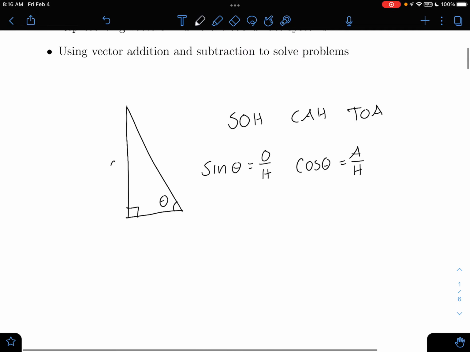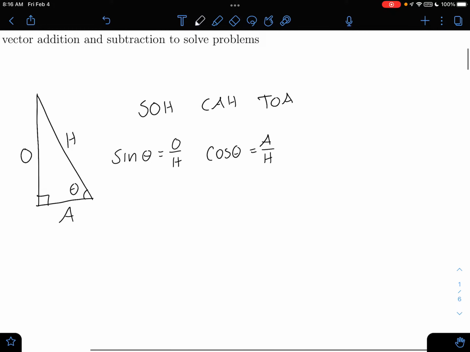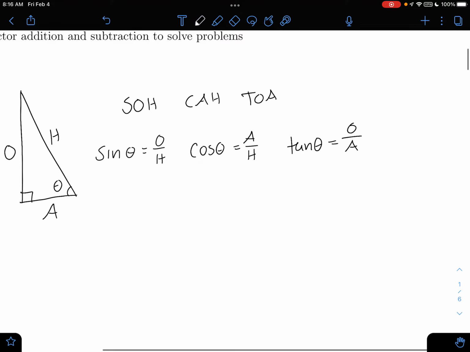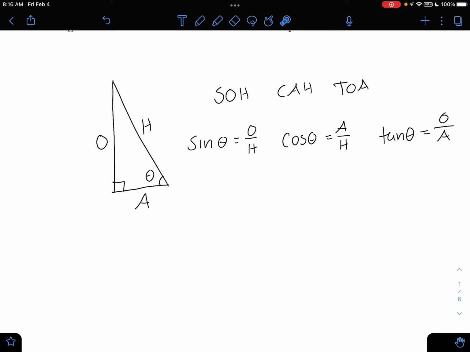So this is our opposite side, this is our adjacent side, and there's our hypotenuse. And our tan theta is our opposite over adjacent. Our SOHCAHTOA. These are very important when we start looking at breaking things into components.